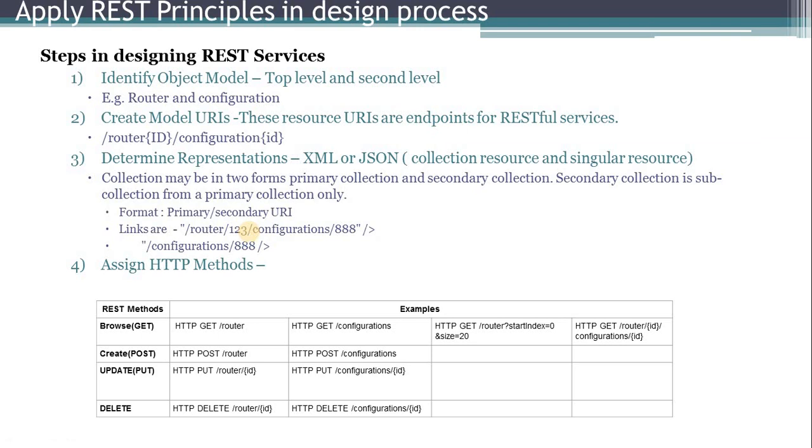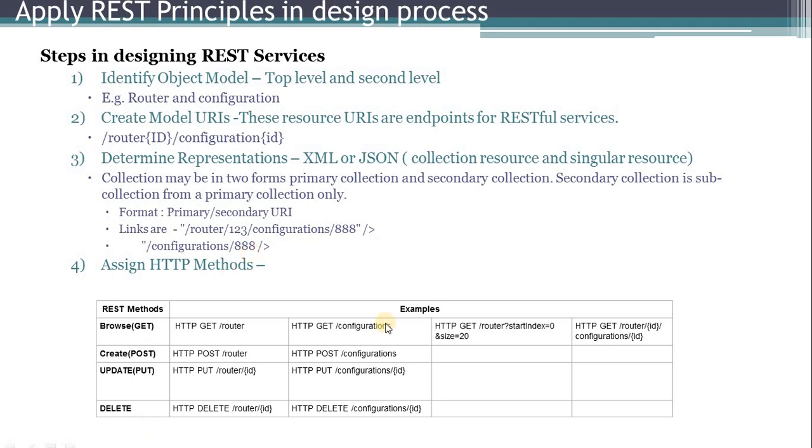A secondary collection is when we go to the next level: router/the ID of the router/configuration/the ID of the configuration. Or if we want to directly access only the configuration part without following that parent path, that's a secondary URI, and we can say /configuration/the ID of the configuration.